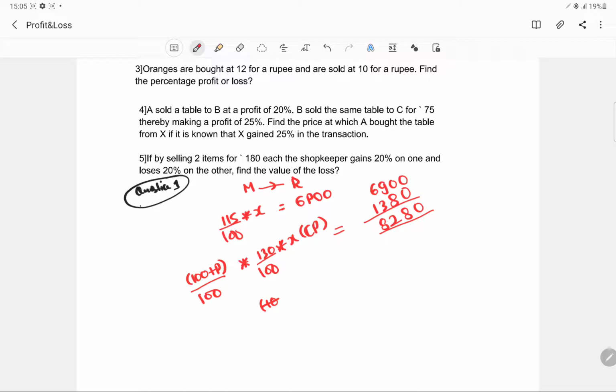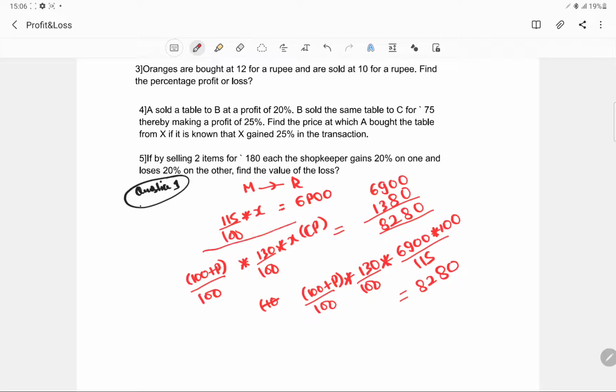So this is like 100 plus P upon 100 into 130 upon 100 into X. Now X we can get from here, so X would be 6900 into 100 upon 115. And this is actually equal to 8280.